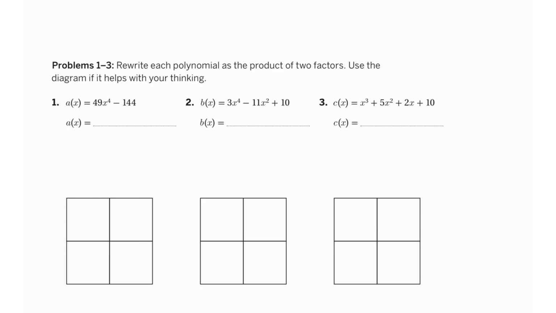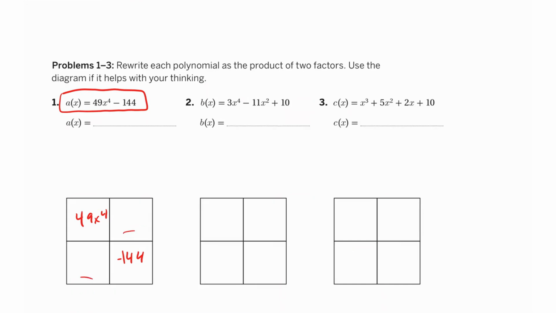The one situation where I don't feel like I really need it is number 1, because this is what we call a difference of squares. I'll show you in the box what happens here. The first term goes in the first box, the last term goes in the last box, and then normally we have a middle term, but since there's no middle term here, I know that these 2 boxes have to cancel out.